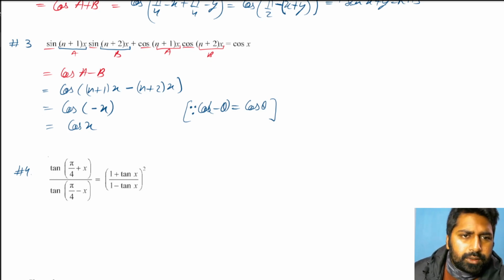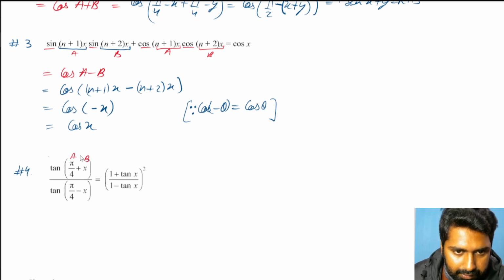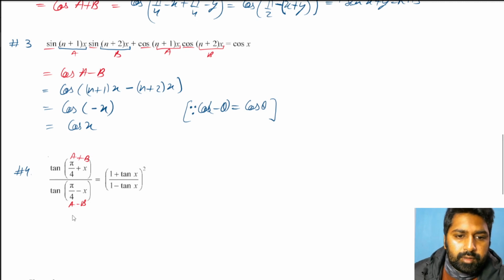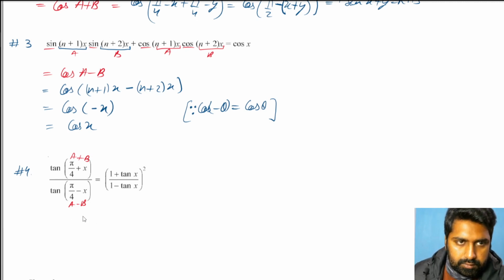The first thing that we can do is just expand in the numerator. This is a, this is b, so a plus b. In the denominator it is a minus b. So just use the formula for expansion.